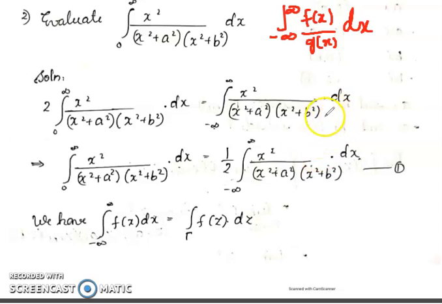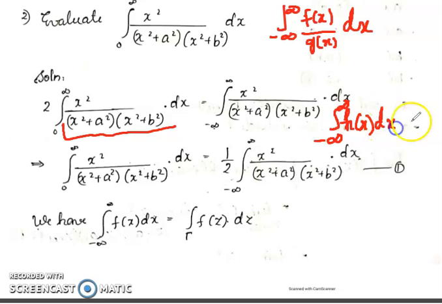So we can write this function as integral minus infinity to infinity of some function, that is f of x by g of x, maybe h of x dx, and the limit is important here, minus infinity to infinity.